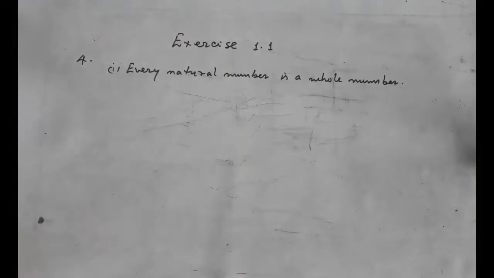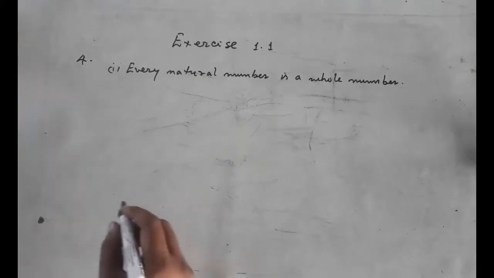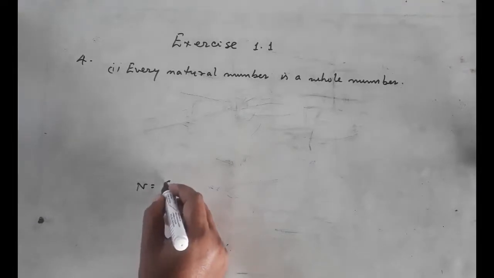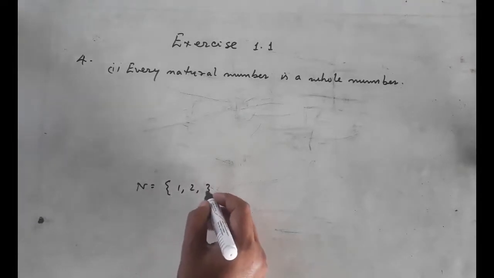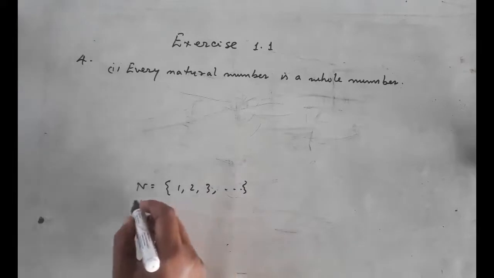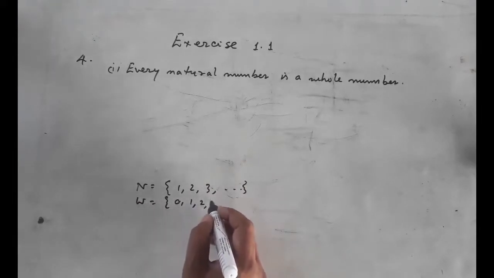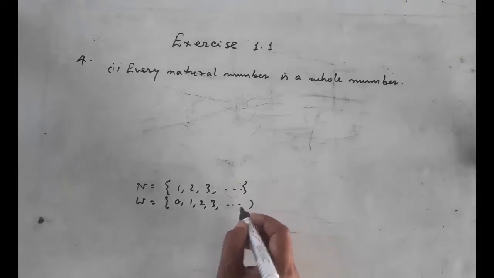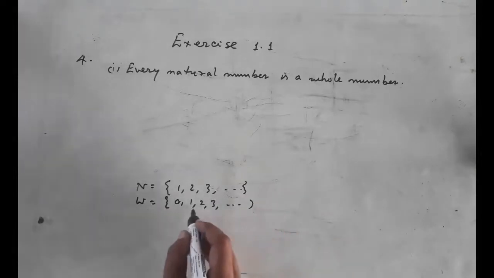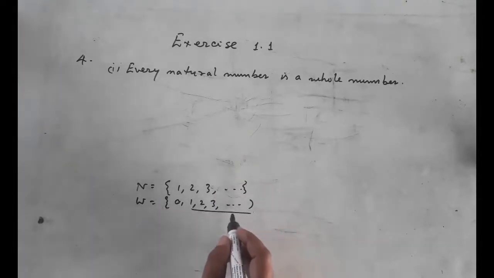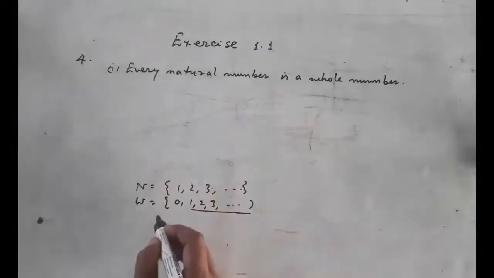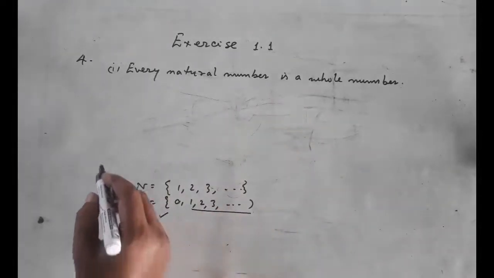That is true, because we know that the natural numbers are 1, 2, 3 and so on, and the whole numbers are 0, 1, 2, 3 and so on. Here these are natural numbers, meaning every natural number is also a whole number.